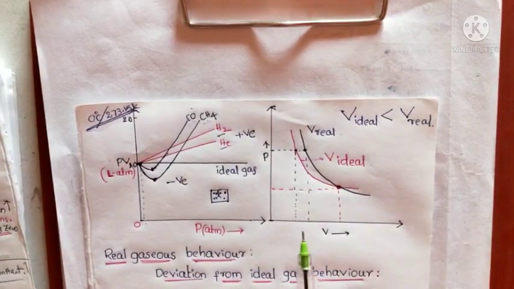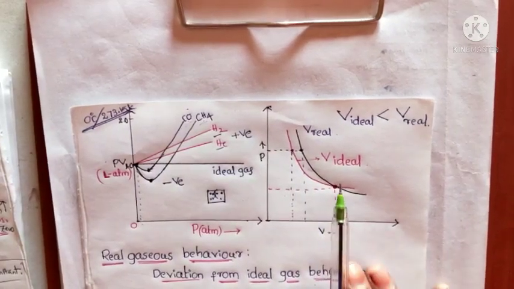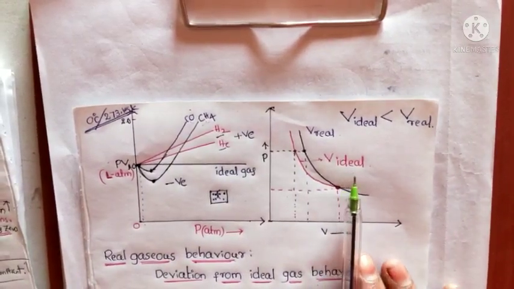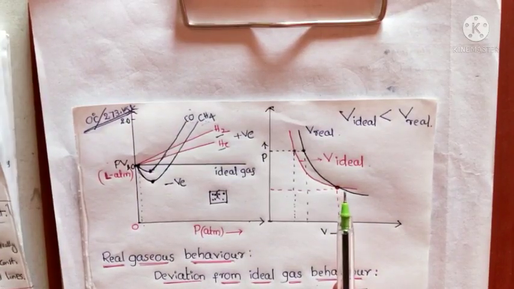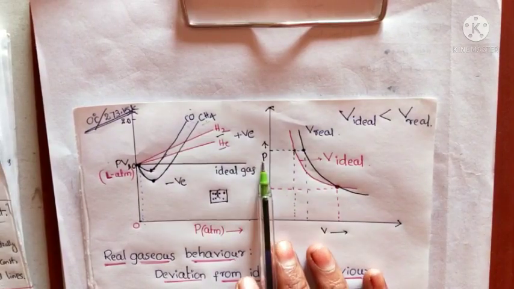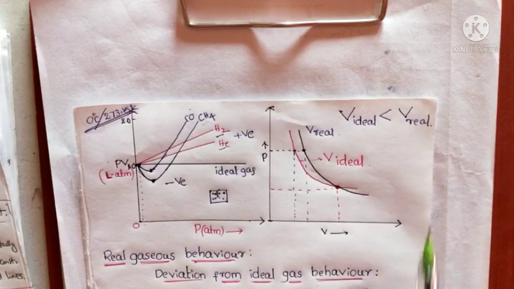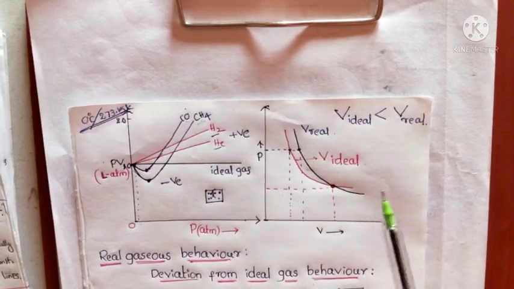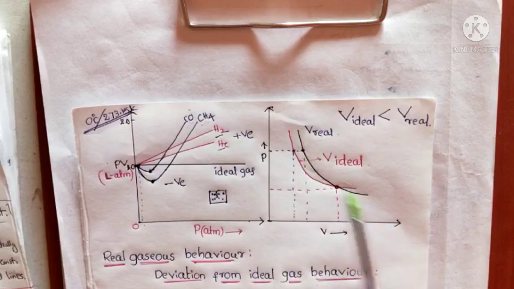Next, another graph also shows that real gases deviate from ideal gas behavior. We can draw the graph of the relationship between pressure and volume at constant temperature. Already we know Boyle's law gives hyperbola curves.